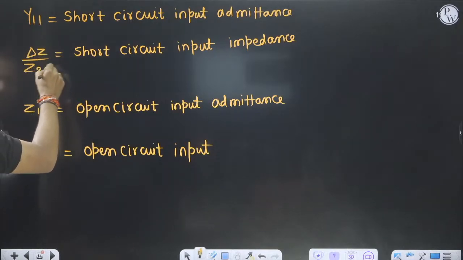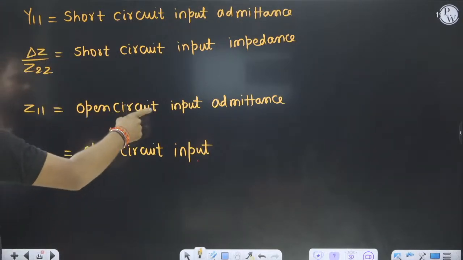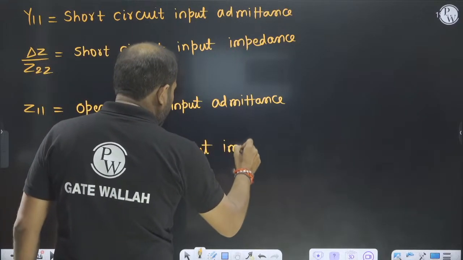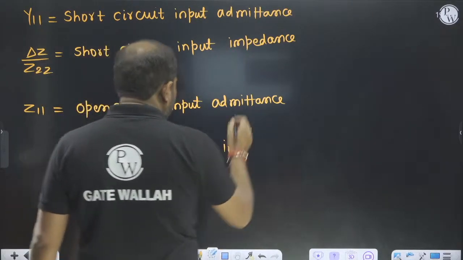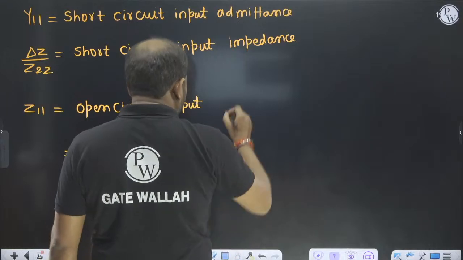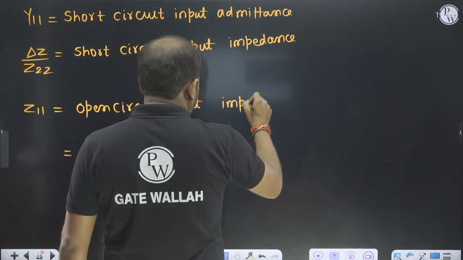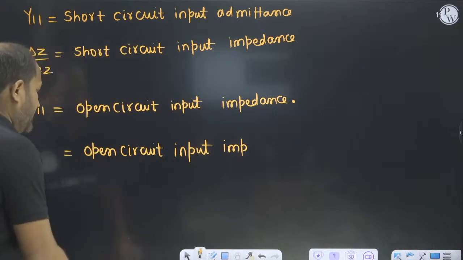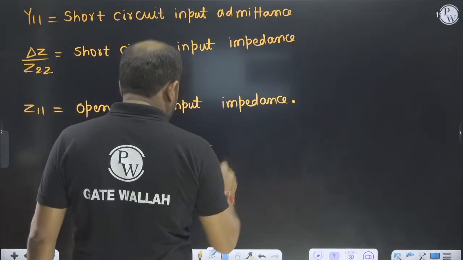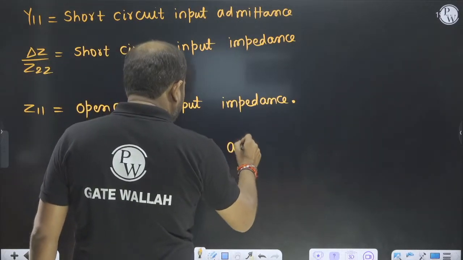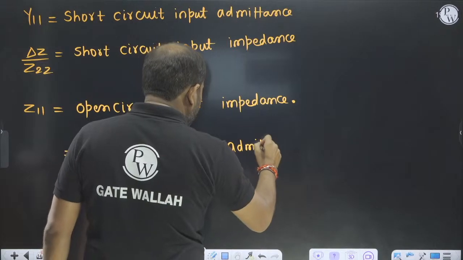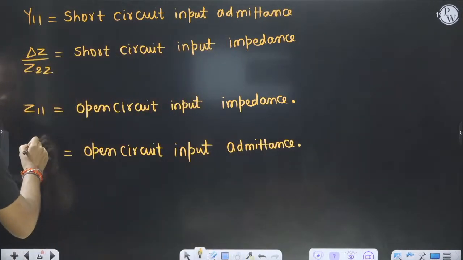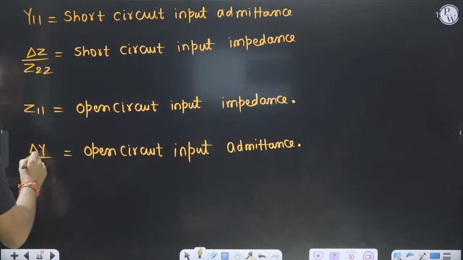And this one is open circuit input impedance, and this one is open circuit input admittance, so it will be delta Y upon Y22.